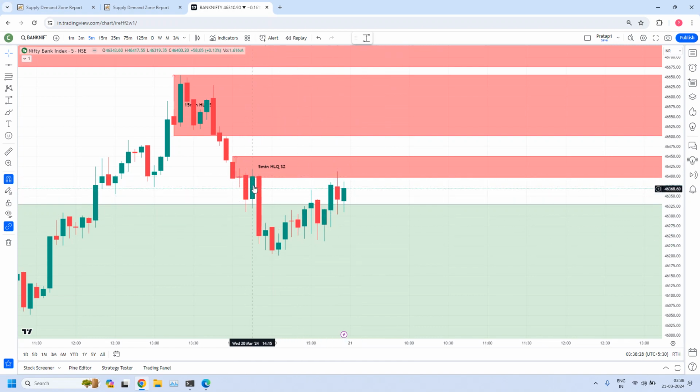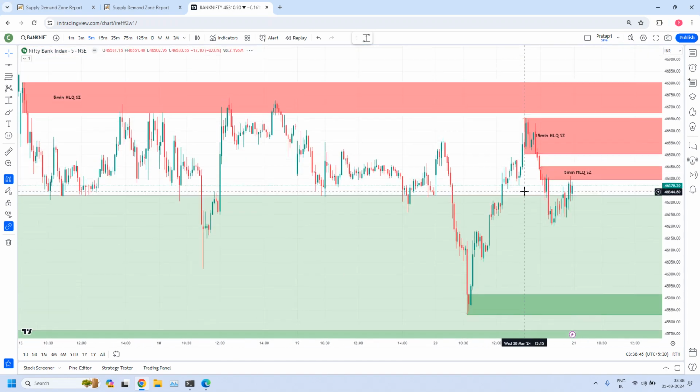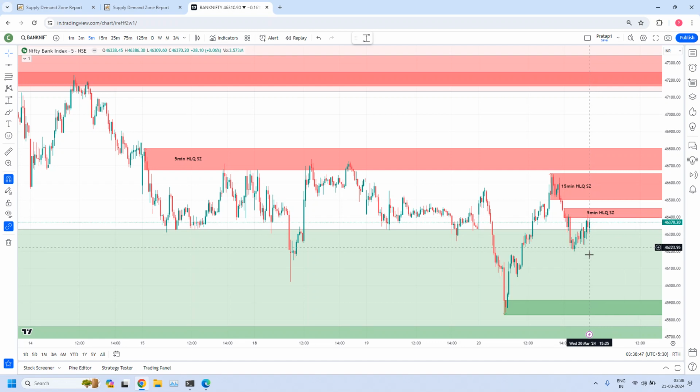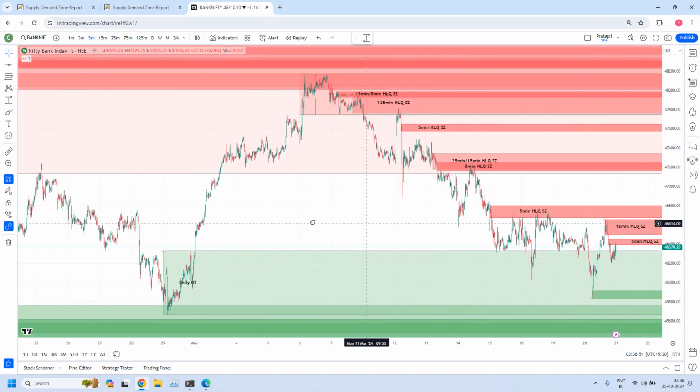Anyway, it's a drop holding the prices from here, already entered. And tomorrow maybe one more deep entry we may get, we don't know. But one point you have to understand, this is very close to the demand zone.